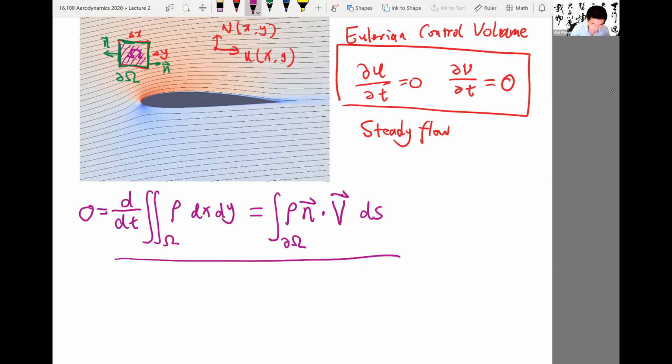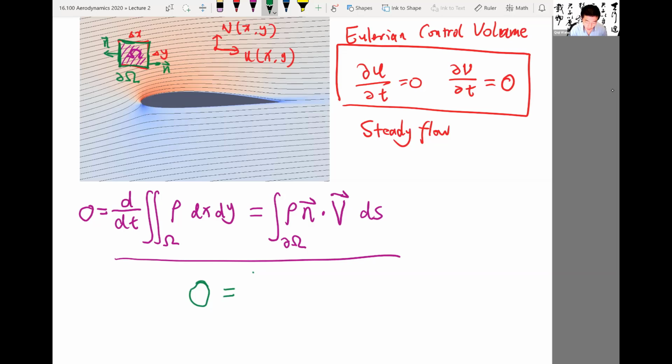Okay, so now let's look at the left-hand side. We know the left-hand side is 0, right? So for this special case of a steady state flow field, the left-hand side is 0, and the right-hand side is an integration over the 4 sides of the square. Let's look at the 4 sides one by one, okay?